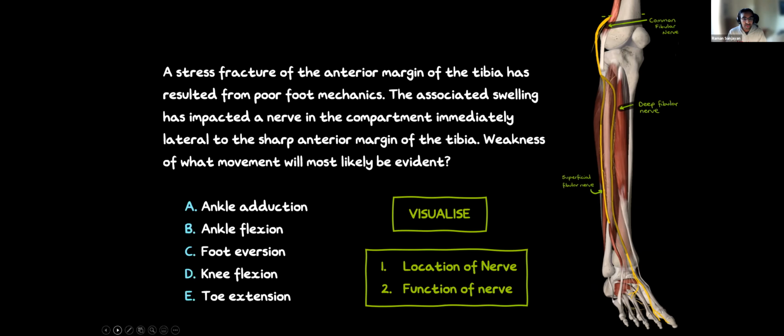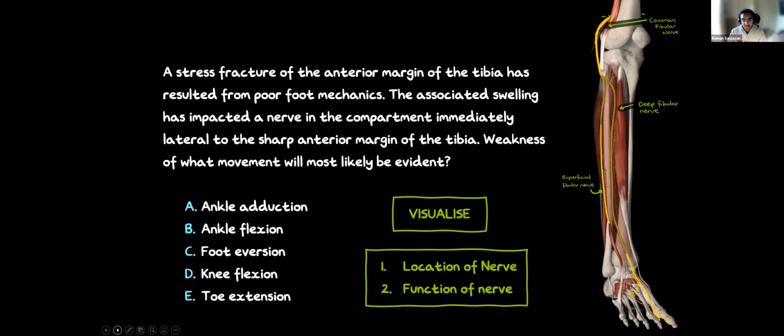So anyway, coming up to this question, you could memorize the function of the nerve, you could memorize all the muscles it innervates, but just by looking at where it goes, we're probably going to be dealing with an absence of or weakness in, let's see, foot eversion potentially. Knee flexion, nope.